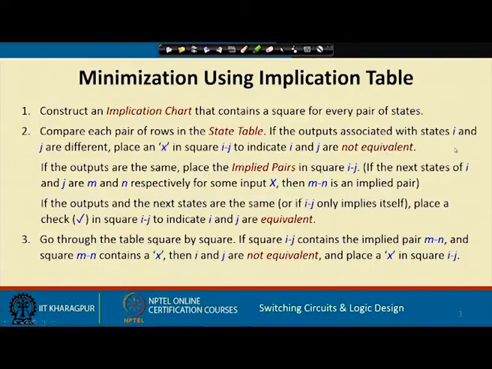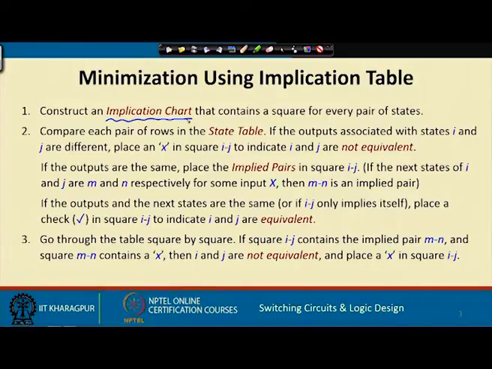So, let us now show the steps of the minimization, then we shall illustrate with the help of an example. The first thing to note is that we use something called an implication table or an implication chart. An implication chart is basically a two-dimensional structure which shows the relationship between every pair of states.